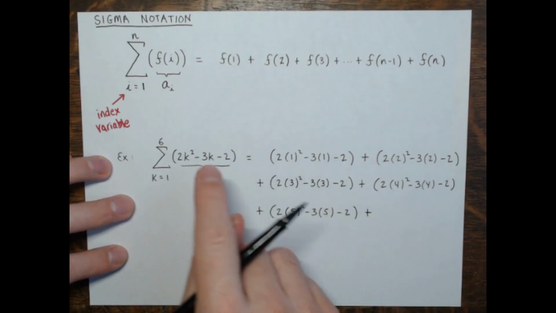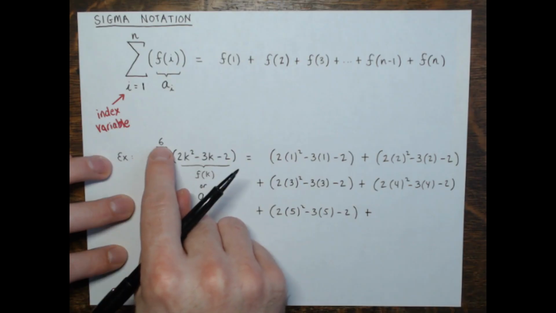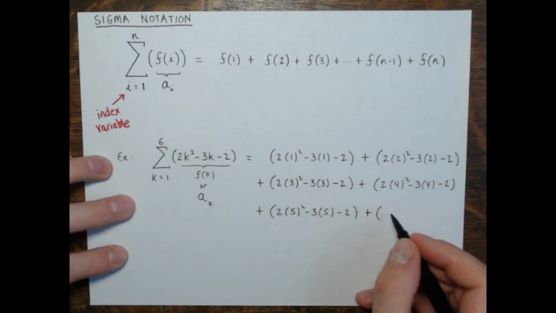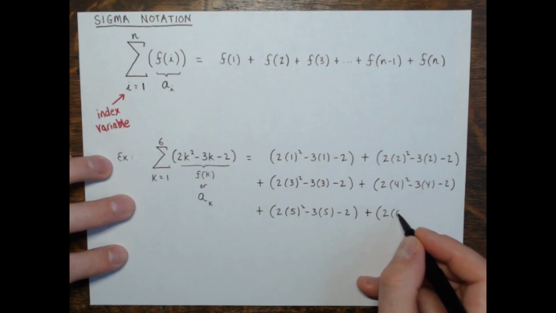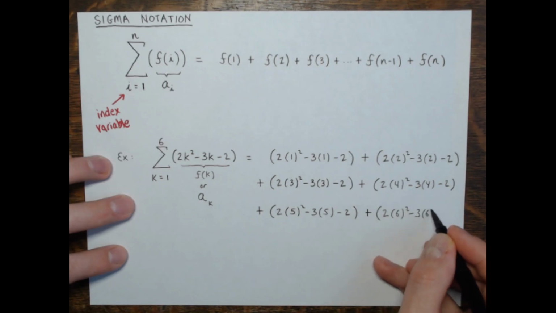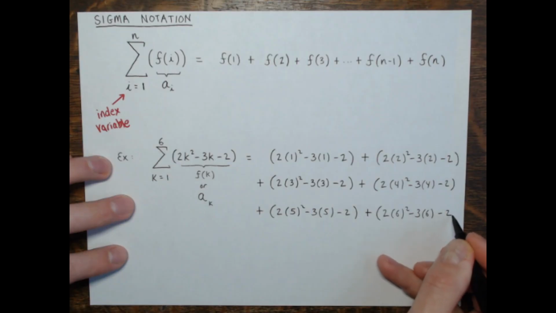And then you end once you've hit that top value. So when k equals 6, this will be the last part of the expression I'm going to write. So 2 times 6 squared minus 3 times 6 minus 2.